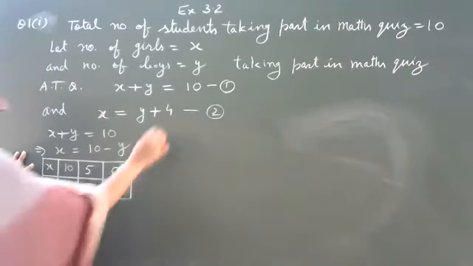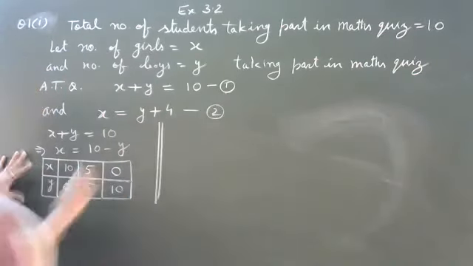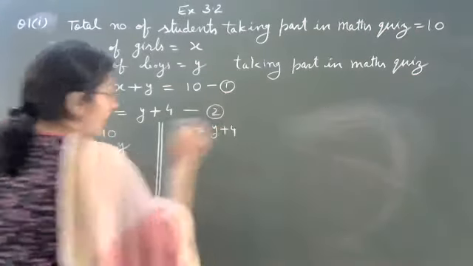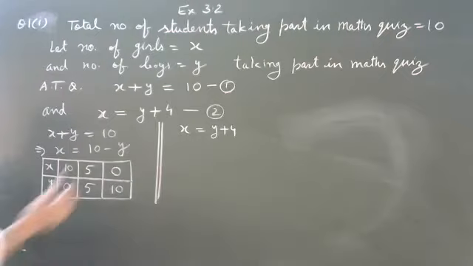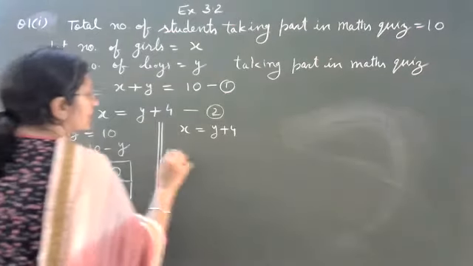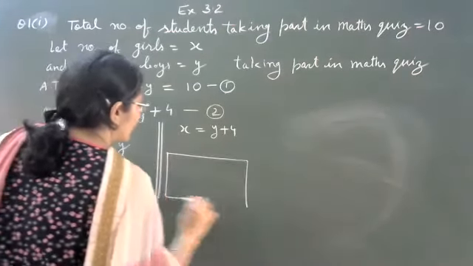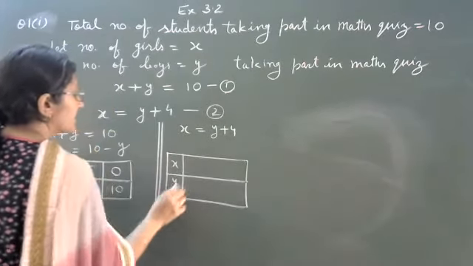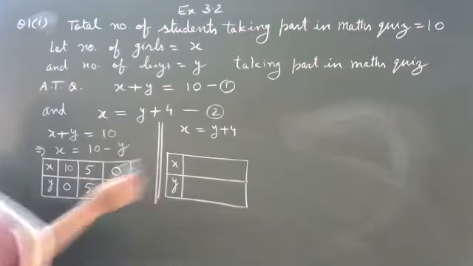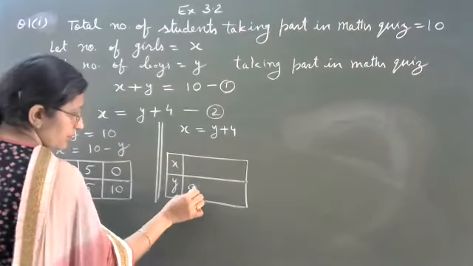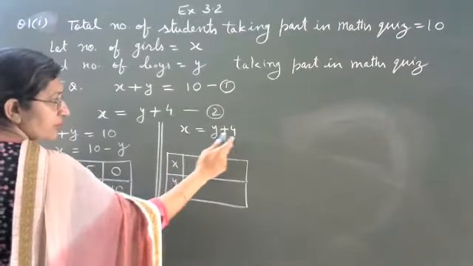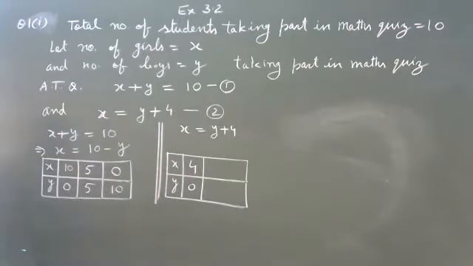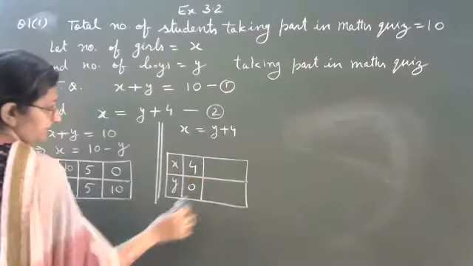Clear? Now for the second equation, x is equal to y plus 4. Substitute the value of y, you will get the value of x. x, y. Substitute y is equal to 0. x will be 0 plus 4, 4. Second value, take y as 2.